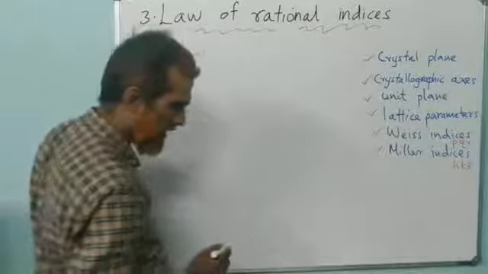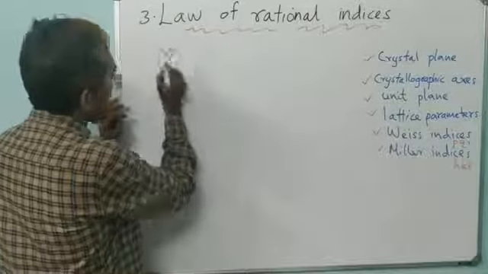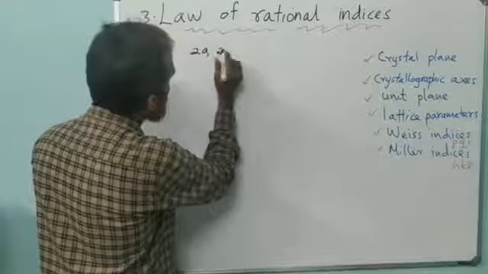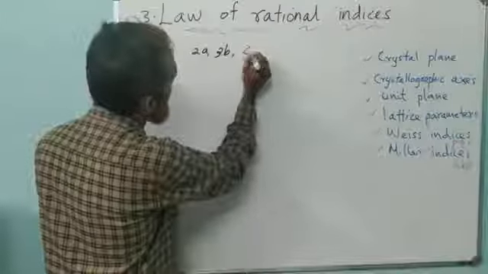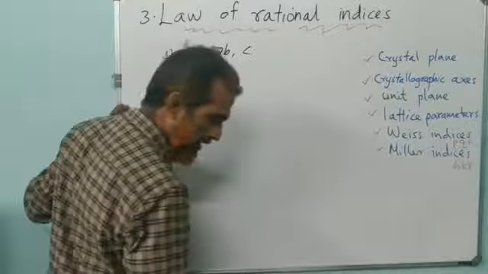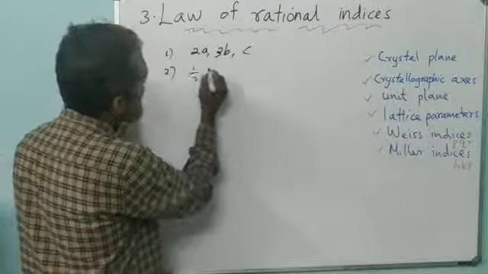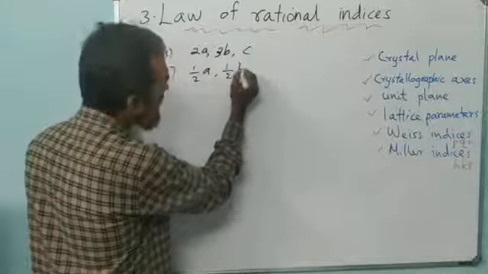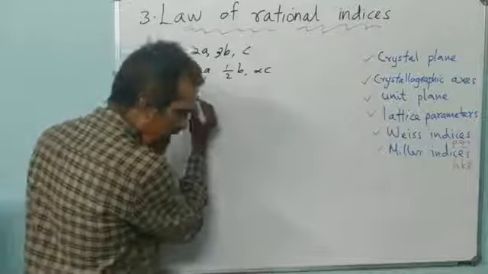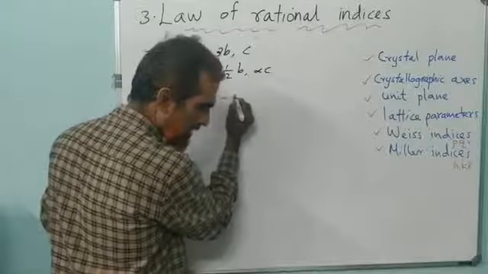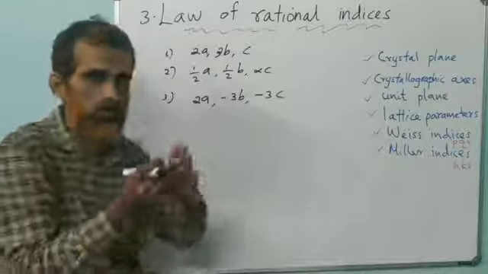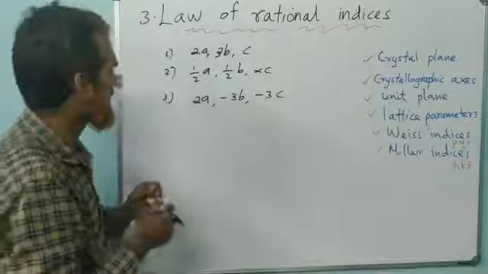The first question: the intercepts are given as 2A, 3B, C. Then the second question: the intercepts of another plane are half A, half B, infinity C. And the third question: 2A, minus 3B, minus 3C. See, the intercepts can be negative also when the plane goes to the other side of the axis.